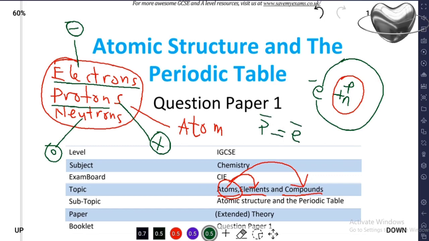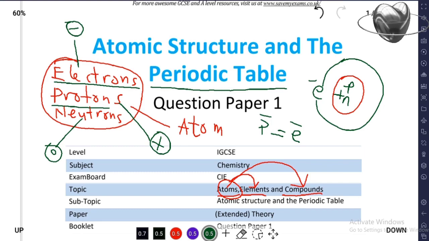Now, this is just my introduction, but the main concern is for us to be able to answer questions on atomic structure and the periodic table. And we're mentioning the periodic table because these atoms are presented according to their increase in atomic number on the periodic table. Without wasting a lot of time, we are going to go straight to the questions.